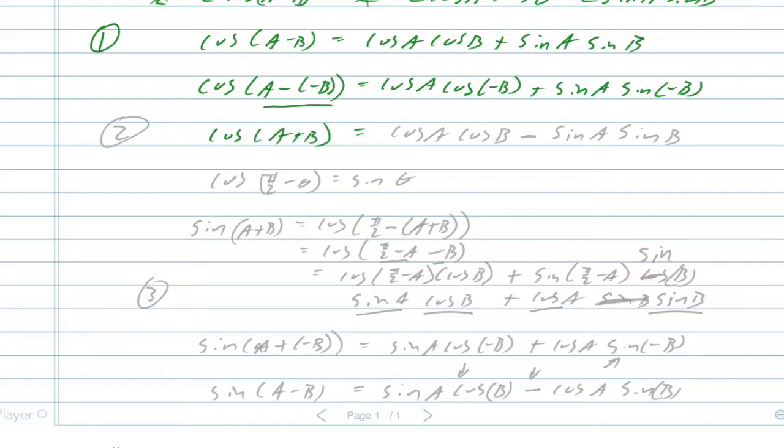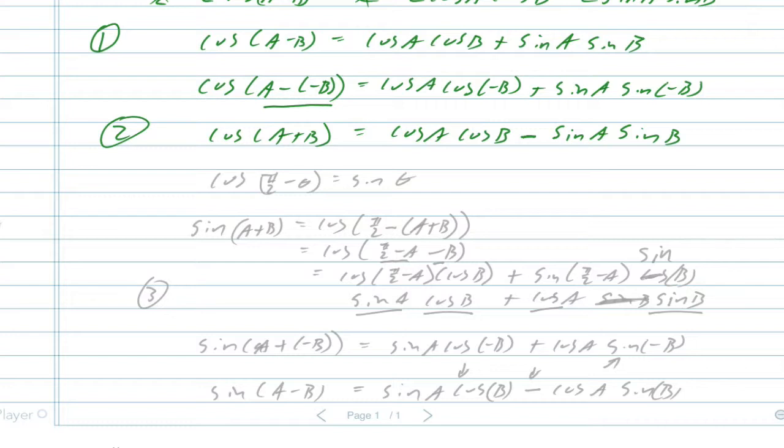And then over here, cosine A stays the same. Cosine negative B, because that is an even function, is equal to cosine B. If you don't remember that, go back and look at your odd and even identities. And then sine negative B in the second part here is negative sine B. So this becomes negative sine A sine B. There's our second identity. So the second identity is way easier after we get the first.